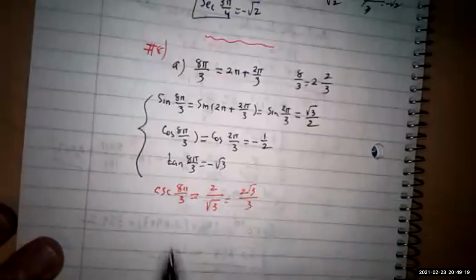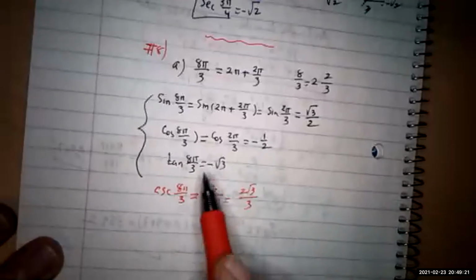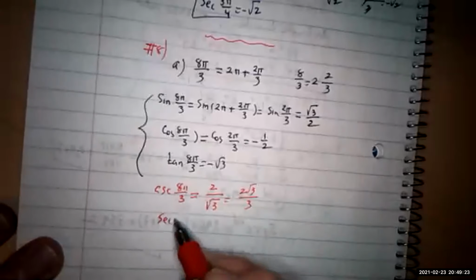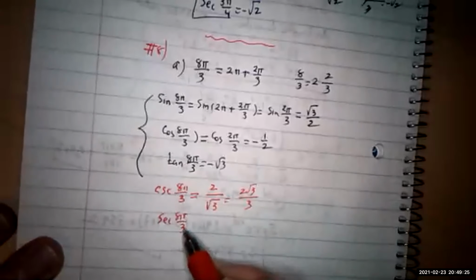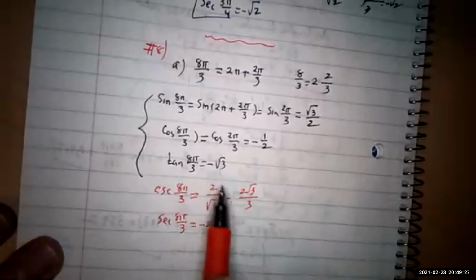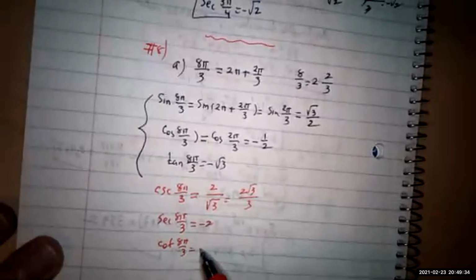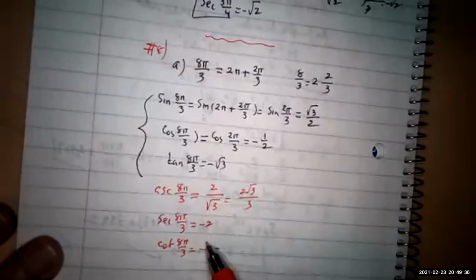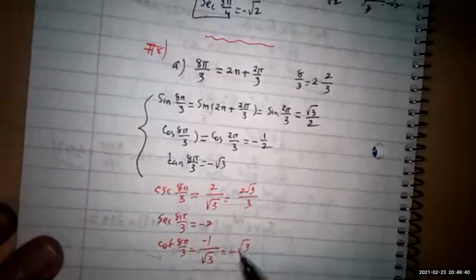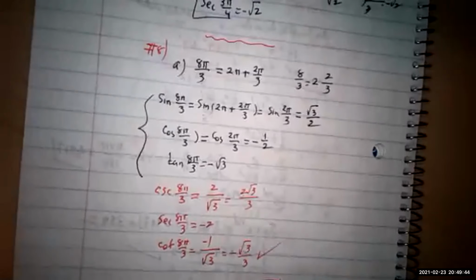Secant, easy, secant would be negative 2. And the cotangent is going to be 1 over negative 1 over radical 3, and that gives you negative radical 3 over 3. Okay, so it's an easy problem.